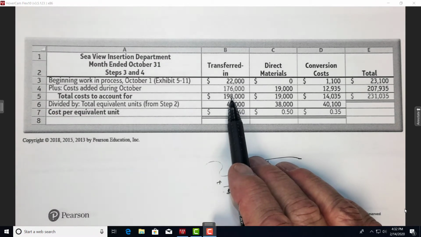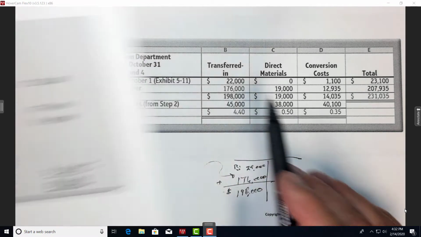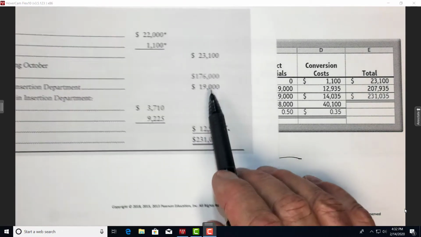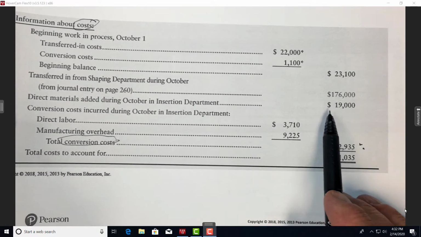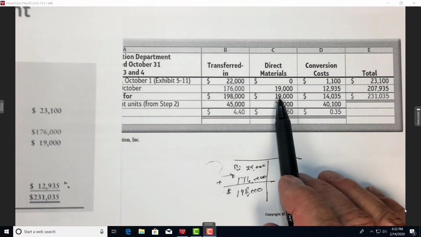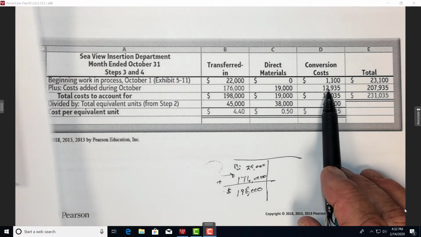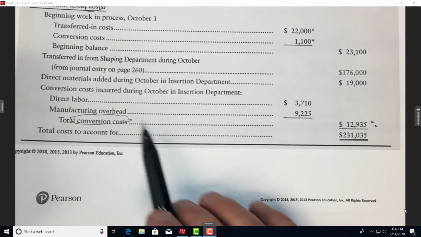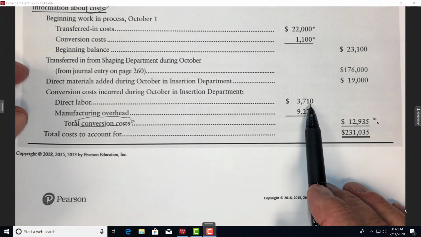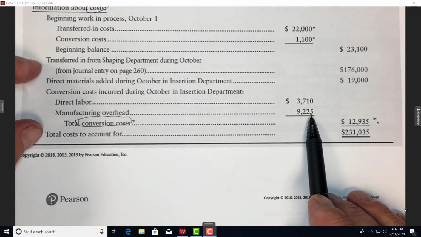Okay, now the problem tells you that the direct materials was 19,000. In terms of the conversion cost, it gives you direct labor and manufacturing overhead.